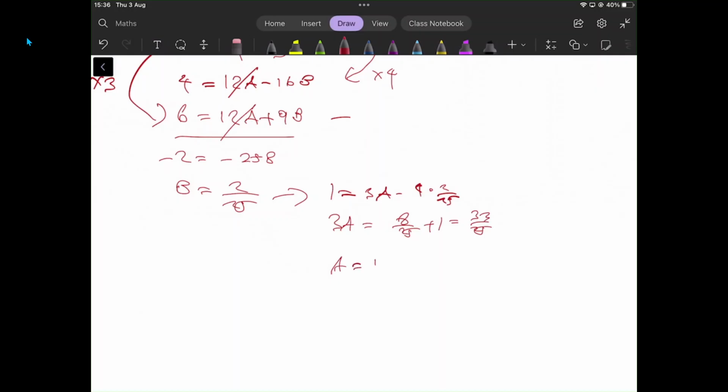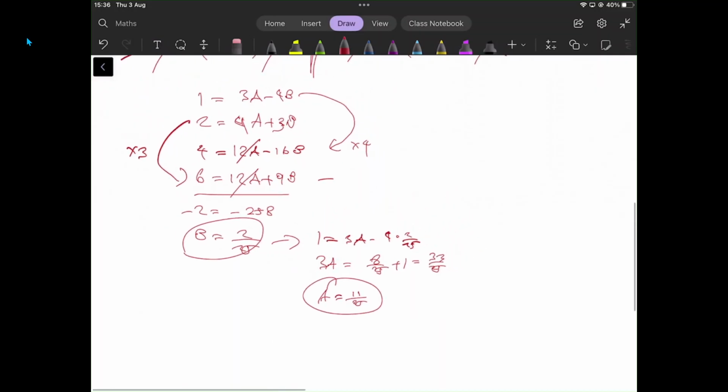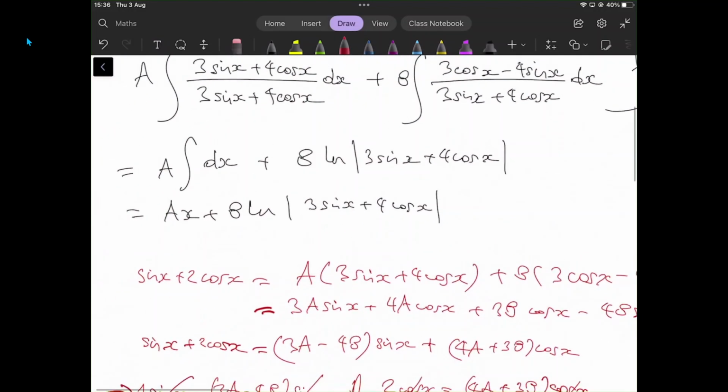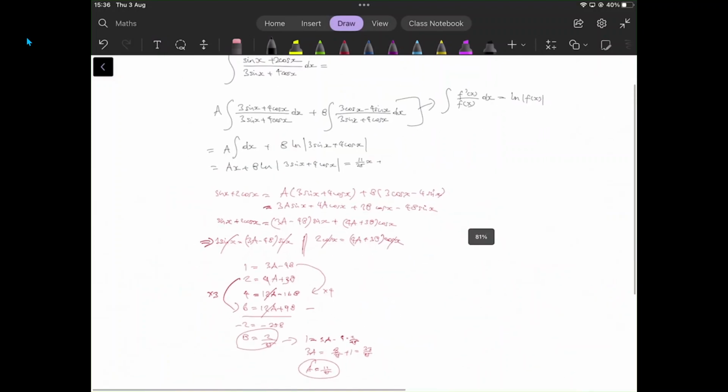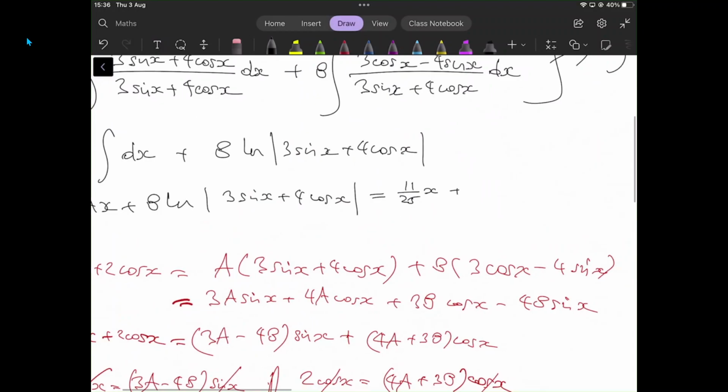And so a is just 11 over 25, and b is 2 over 25. And so therefore our answer would just be 11 over 25 x plus 2 over 25 ln of absolute value 3 sine x plus 4 cosine of x, of course plus c at the end.